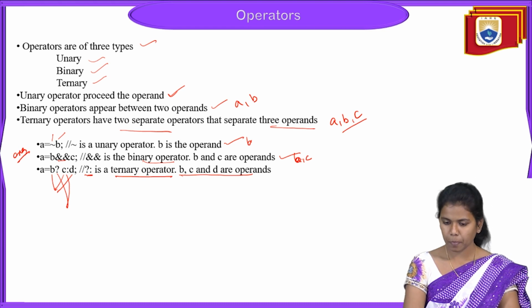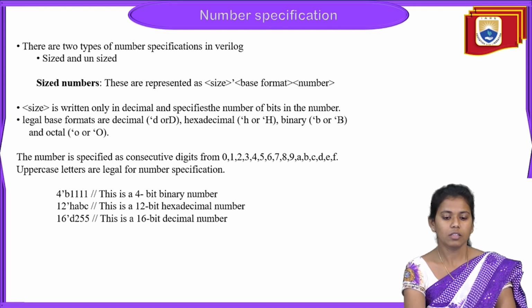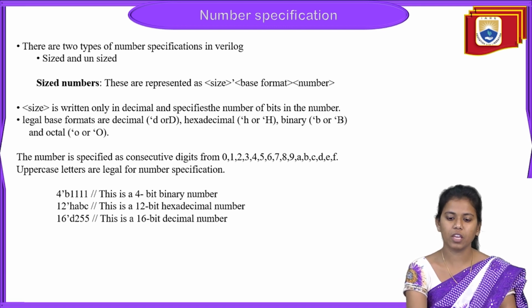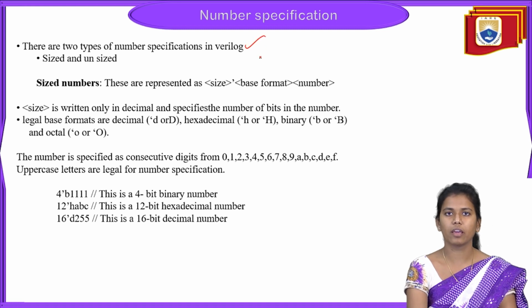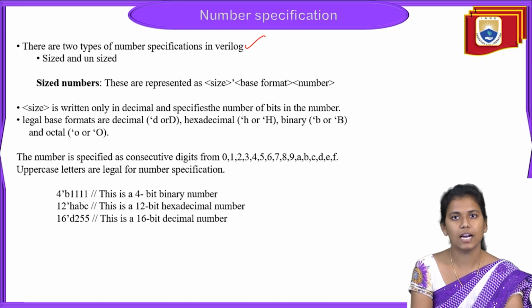Coming to the number specification. What does number specification talk about? There are two types of number specifications in Verilog: one is sized and the second one is unsized.